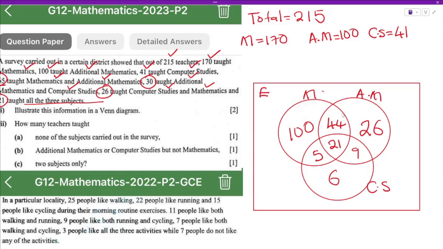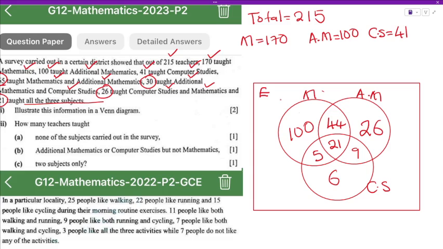So we're going to say 100. We start with math. 100 plus 44 plus 21 plus 5. We're done with math. I go to additional mathematics. There's 26 and 9 there, plus 26 plus 9 plus 6. I confirm whether I've punched the correct values.